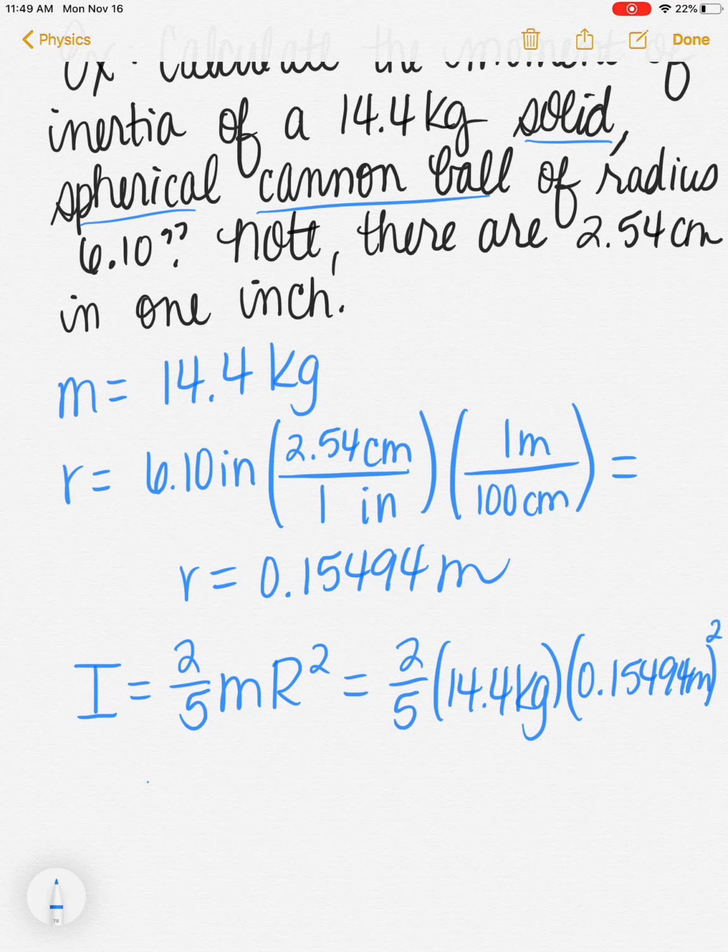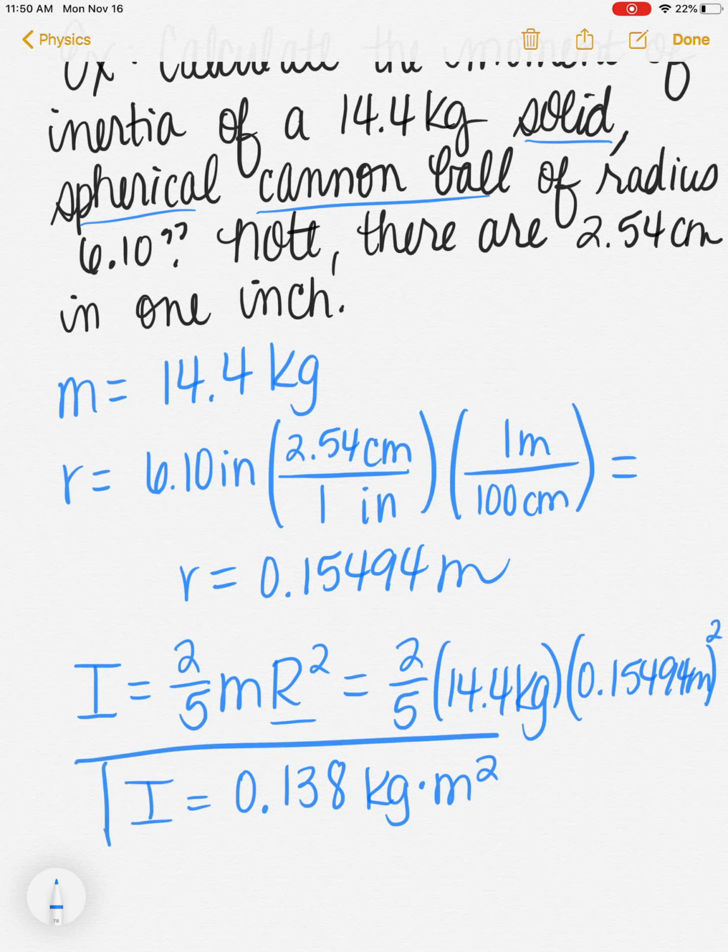The most common pitfalls: remember it's just the radius that is squared, not the entire factor, and you need to multiply the entire factor by 2/5. If you do this properly on your calculator, this will work out to be 0.138, and the units for moment of inertia are always kilograms times meters squared.